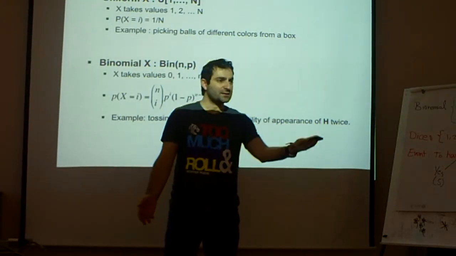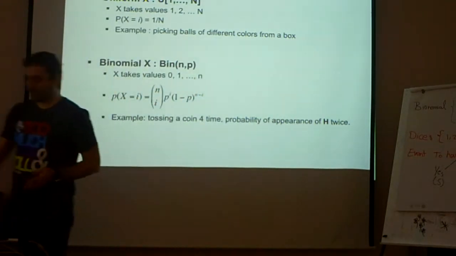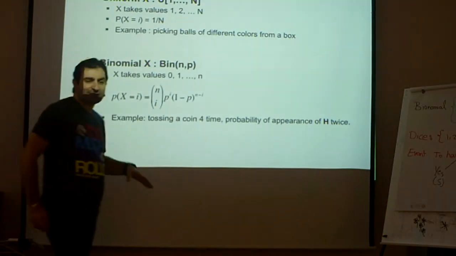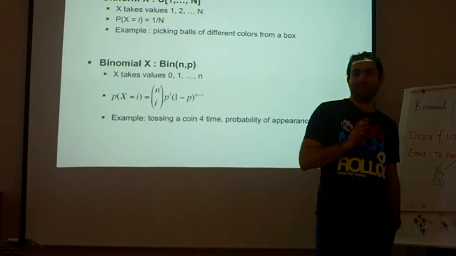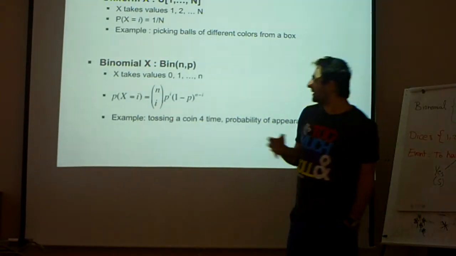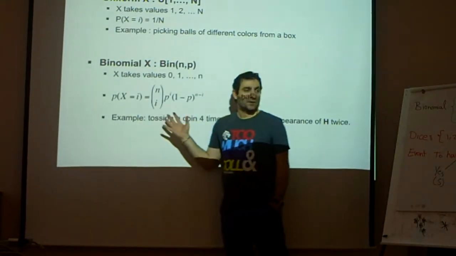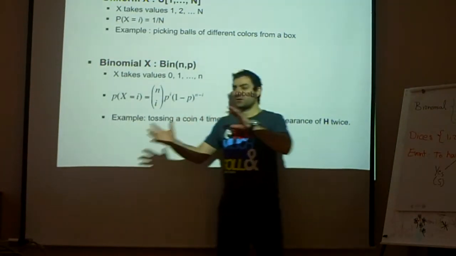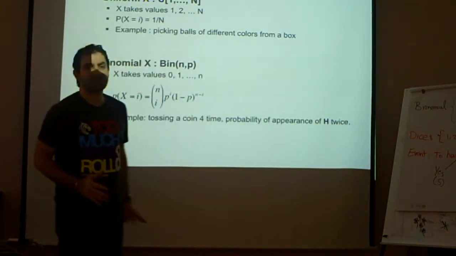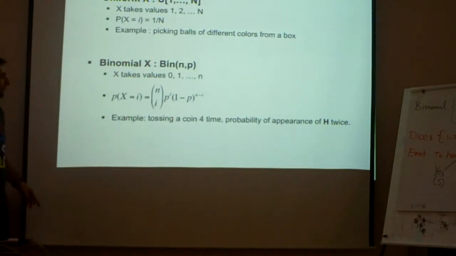So we have success and failure. So we can always represent things as a binomial. That's why the binomial is very important, because the formulation is quite easy. You can write a computer program to calculate it. And we can find many examples which you can easily fit into the binomial.